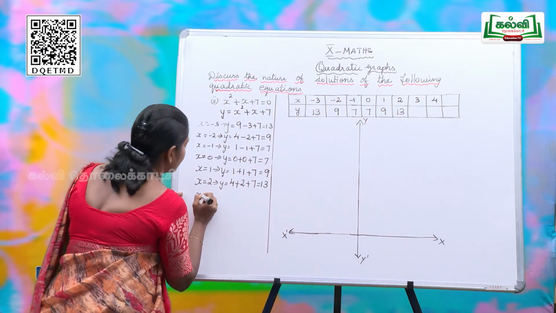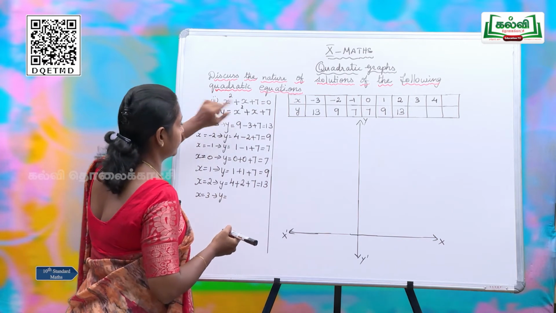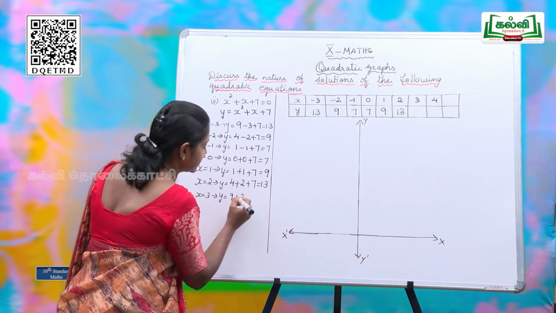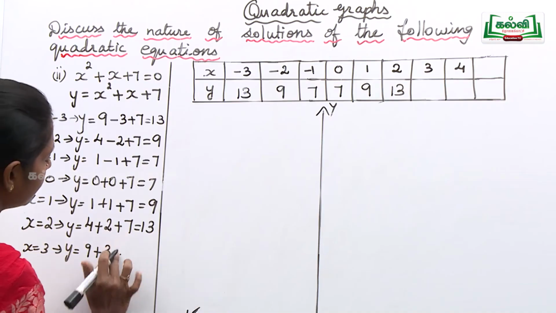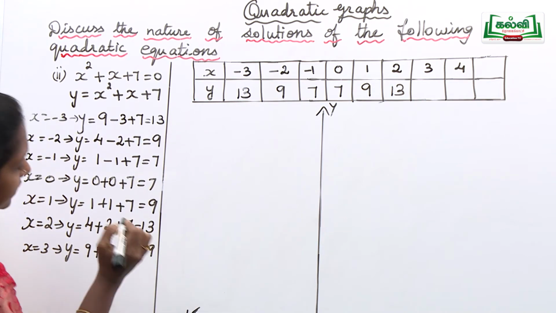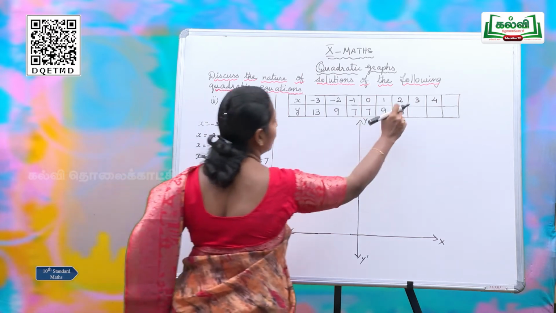Then x equal to 3. y is equal to, as usual, 3 squared, 9. This is plus 3. So 9 plus 3 is nothing but 12. Then add 7. It will be 19. Understood? Now the last value. Before that you have to post the value for y.